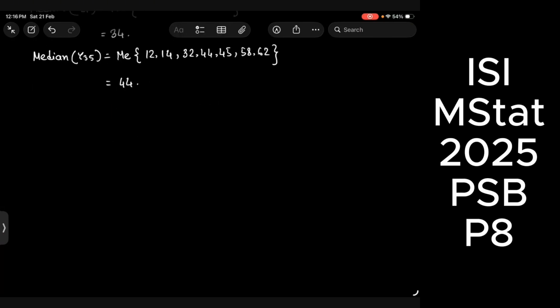Now the relation I was talking about: the median of yi will be a plus b times the median of xi. Correct? Tell me, are you getting this or not?